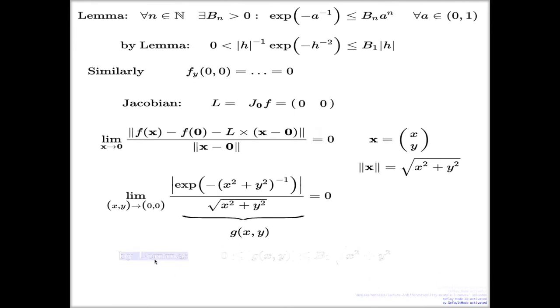By this lemma, if I take in place of A this bracket, it comes out here as it is with n equal 1, and then I have to cancel one root because of the denominator. Here's my expression. It's again a clear case for the sandwich principle. When x, y goes to 0, it means that this number goes to 0. We have a sandwich principle, and that justifies the limit.